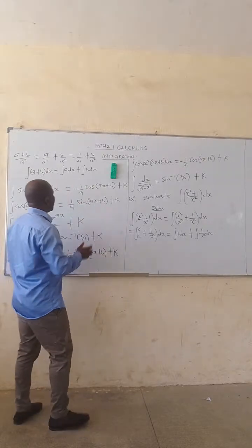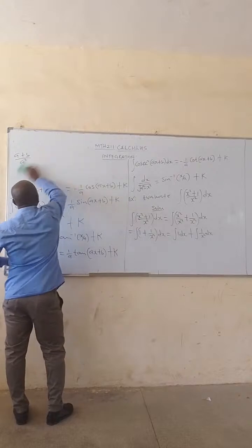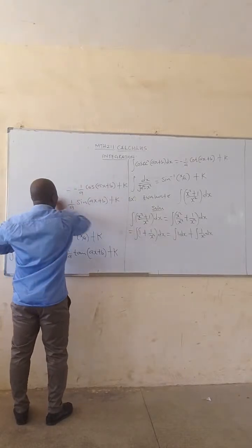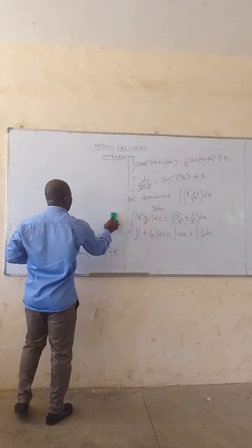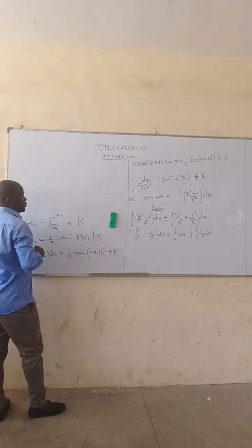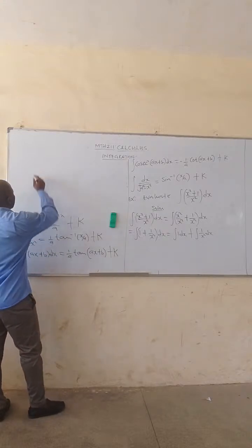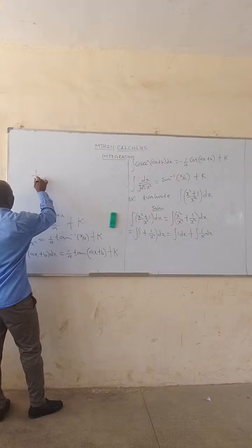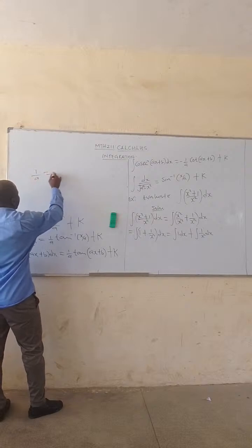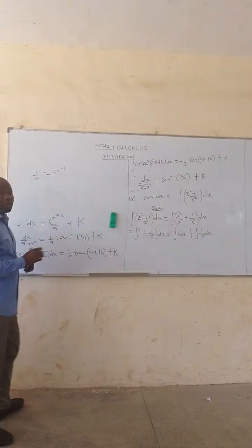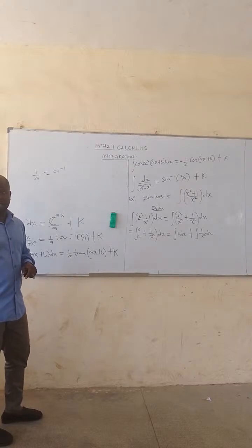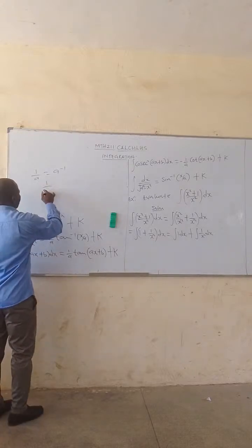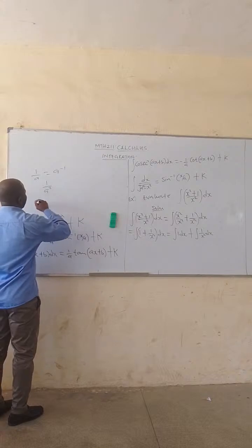So, go back to your indices. If you can recall, when we have 1 all over a, this is the same thing as a raised to the power minus 1. True or false? So what if you have 1 all over a raised to the power 2?